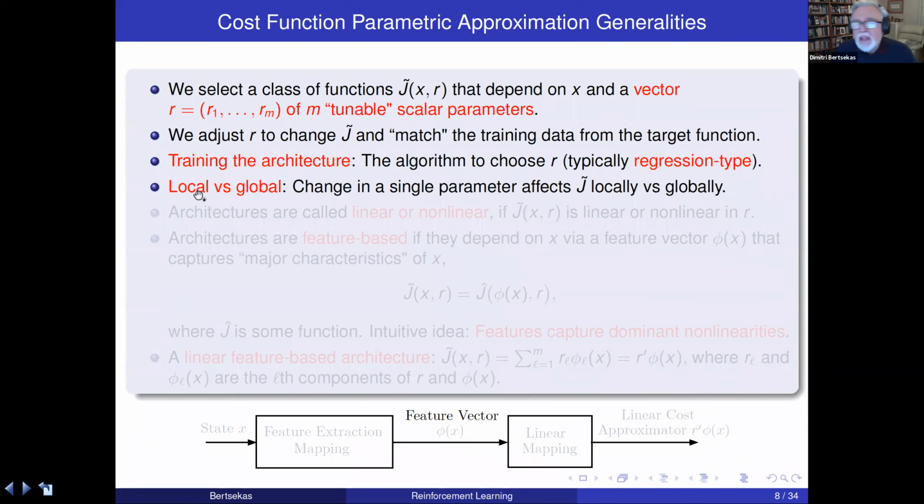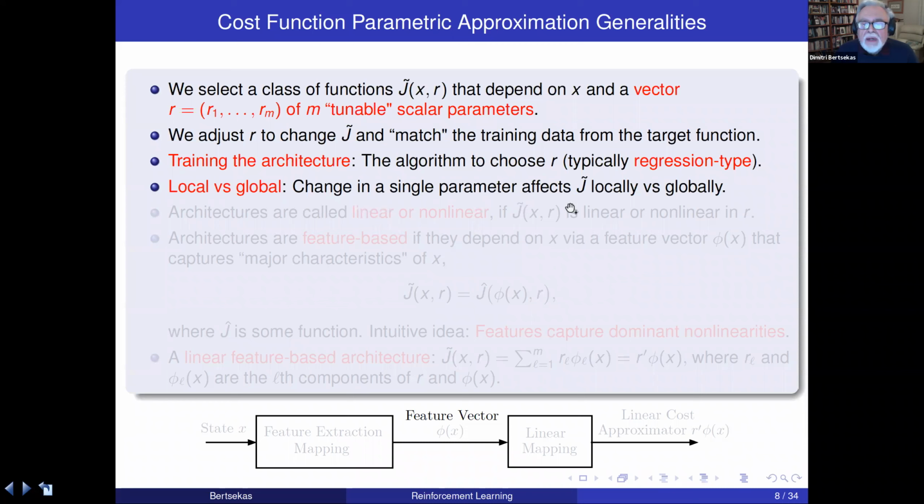It's useful to classify different parametric architectures according to their properties, and one interesting property is whether the approximating architecture is local or global.